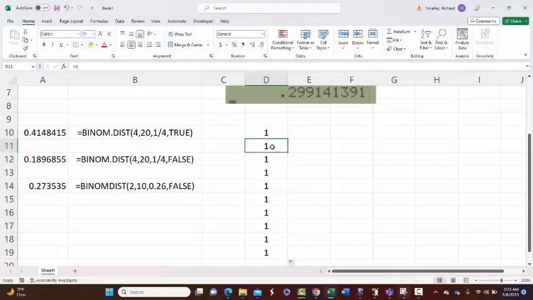I have to say equals D10 plus 1. Then I can drag it down, and it'll keep adding 1. There could be other ways to make it work. A lot of times there's more than one way to do things in Excel. Little things. All right, I just want you to see that.